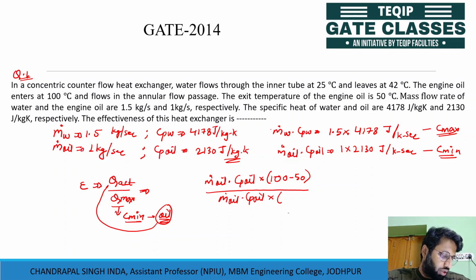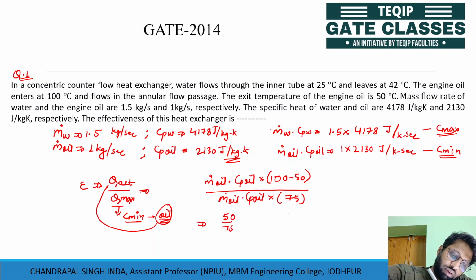So the T hot is equal to the 100 degree centigrade and T cold inlet is equal to the 25 degree centigrade, and the difference will be 75, and we will have the 50 divided by 75 or 2 by 3, then the effectiveness of the heat exchanger will be 0.667.